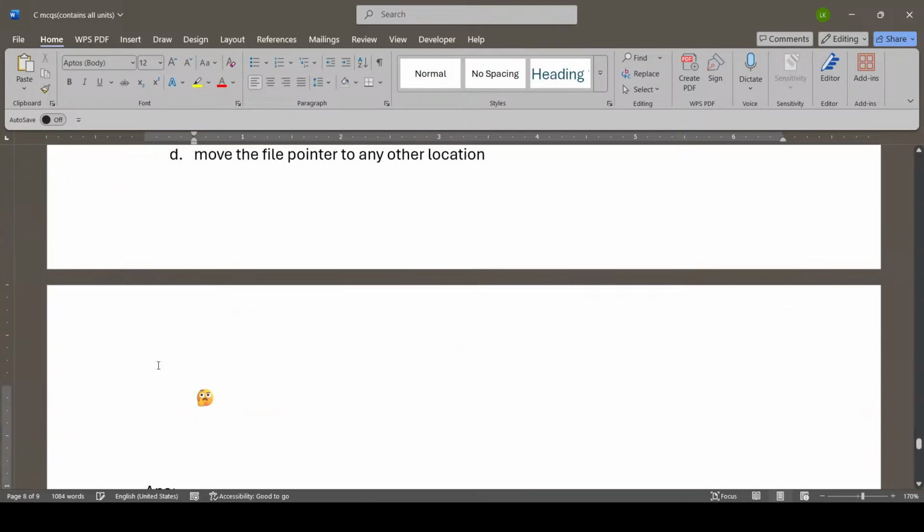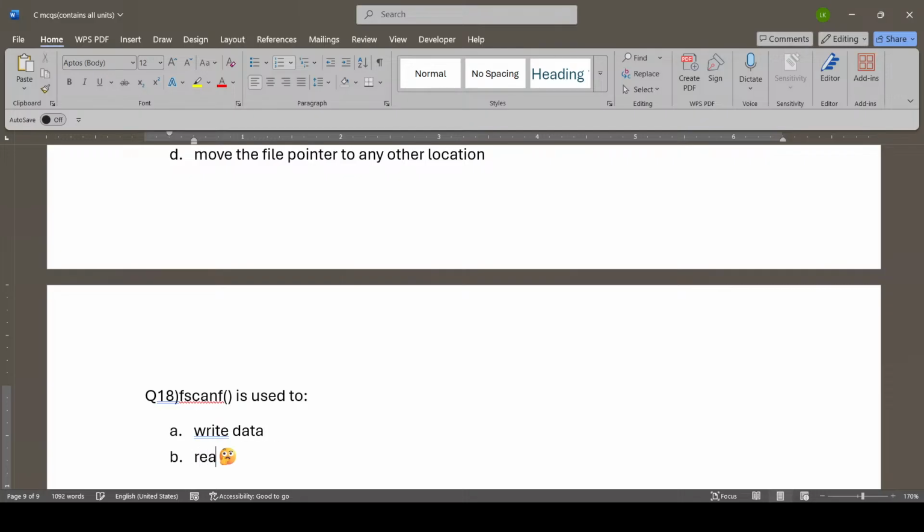Question number 18. Next we have a similar question. fscanf is used to: first, write data.